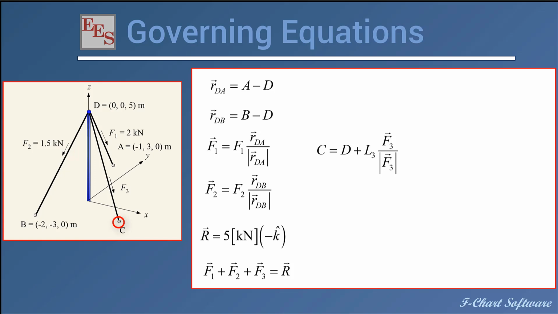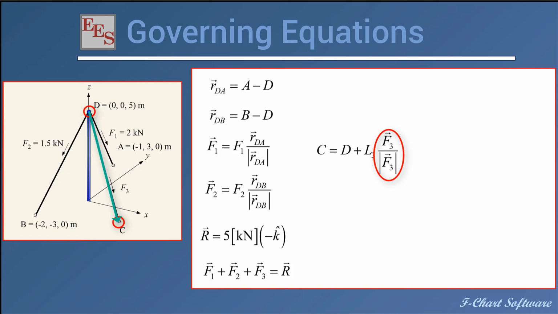So let's see. I know that point C is the result of a cable that starts at point D and travels in the same direction as this force vector F3. So point C then is going to start at point D, and then I can add to point D a length, the length of that cable, multiplied by the unit vector that defines the direction of force 3.